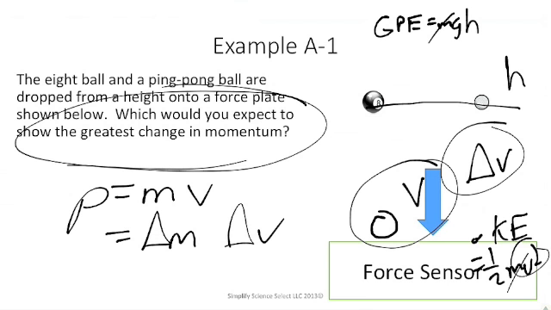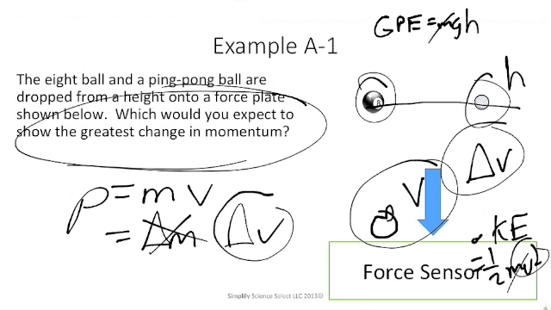Now, I'm not changing the mass in these particular cases. The mass is going to stay constant throughout. This one is going to have a certain mass. This one is going to have a certain mass. The change in velocity, they're both going to be going from a certain velocity to 0. So a lot of people say, well, since there's no change in mass and the change in velocity is the same, they're going to have the same change in momentum, and that's not the case.